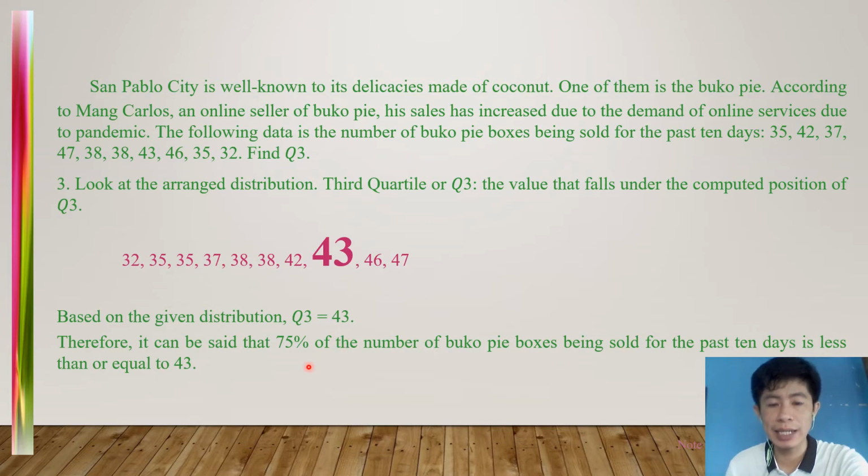So the interpretation is: 75% of the number of pie boxes sold is less than or equal to 43. So that is the interpretation. Let us now proceed to the next problem.